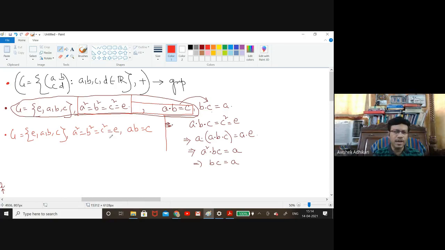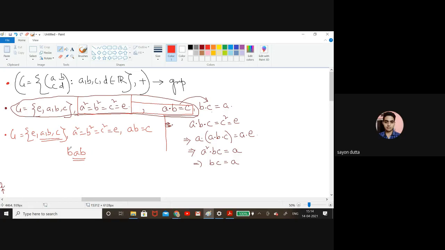Now, can anybody tell me quickly what is the value of BAB? I have only four elements, right? I need to have BAB in terms of only these four elements. Can anybody tell me the simplified form of this? A, okay, very good.